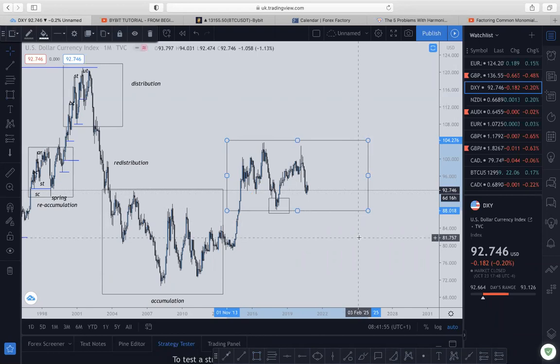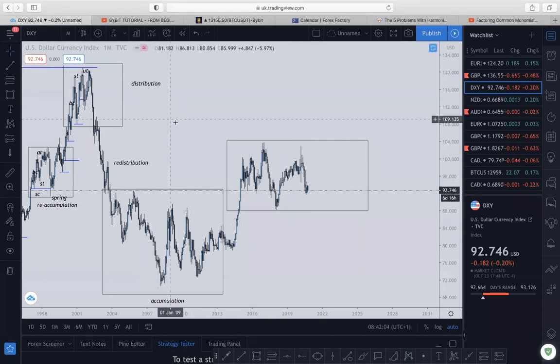And I'm asking, do you agree? Good. So if we don't reaccumulate, we cannot distribute. That's all I'm trying to say. From accumulation, we reaccumulate, then we go to distribution.